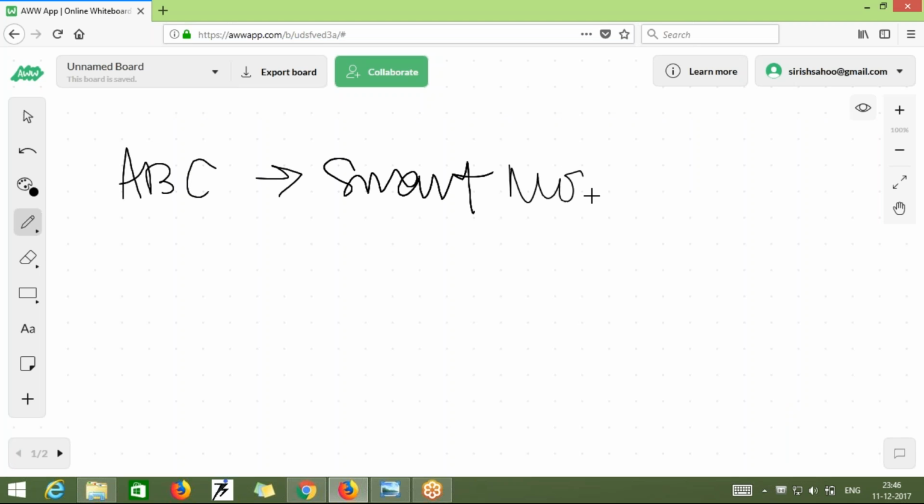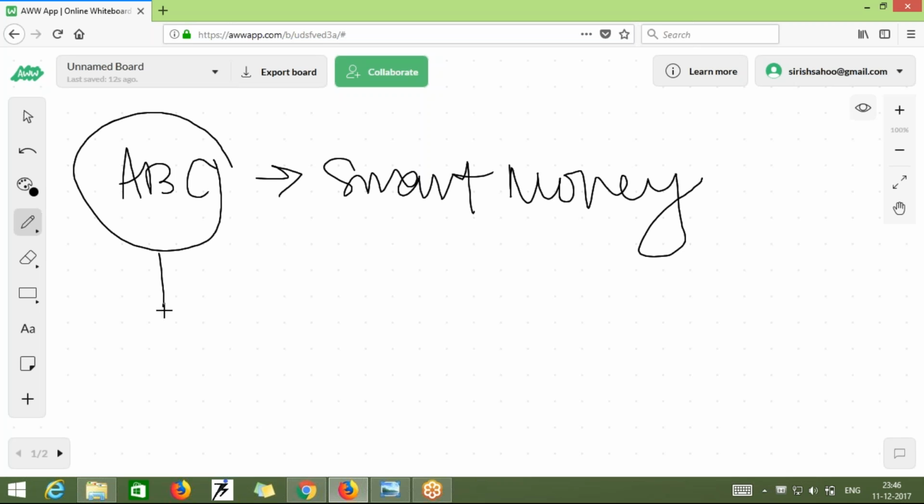So by taking ABC into consideration, we will see how they are having an effect on these patterns. So think of any name, ABC as smart money, and ABC is in search of a good stock. So our smart money is in search of a good stock. What exactly will he be doing?